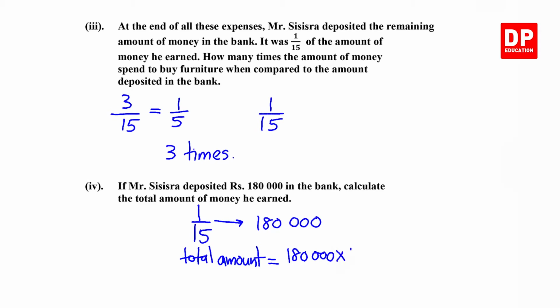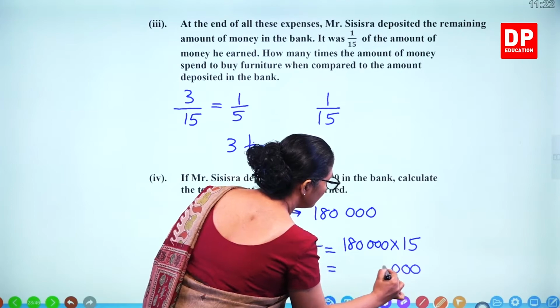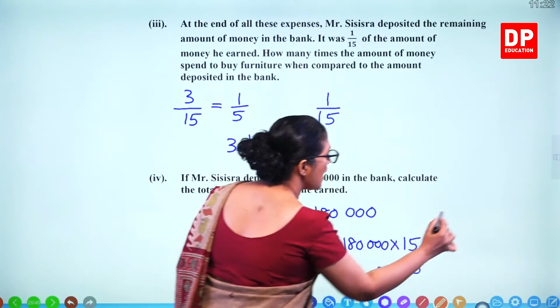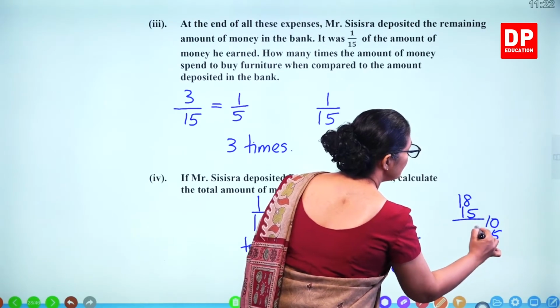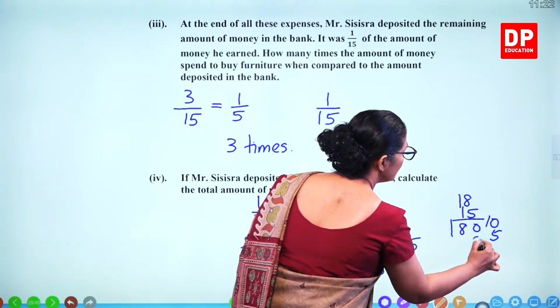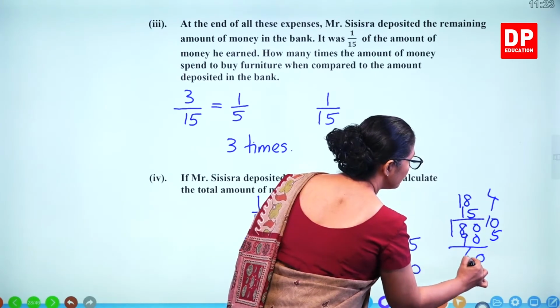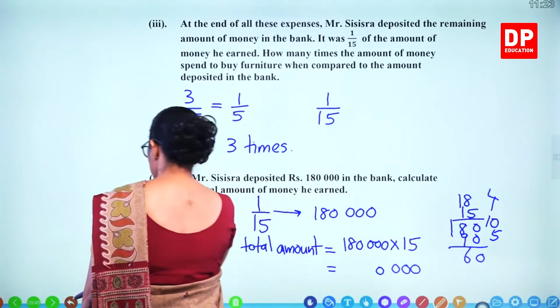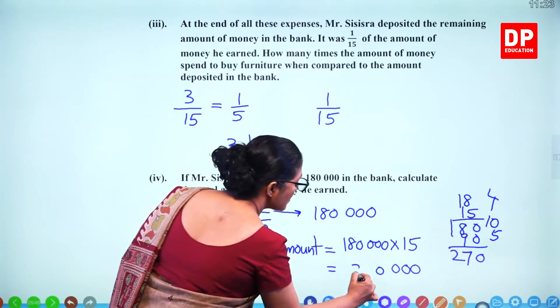180,000 into 15. 15 times 18. 8 plus 9, 17. So 270.